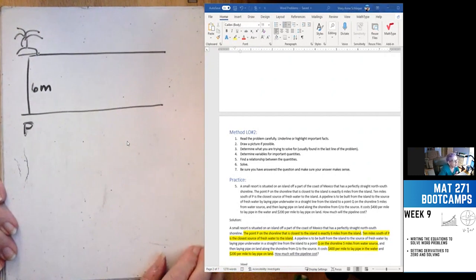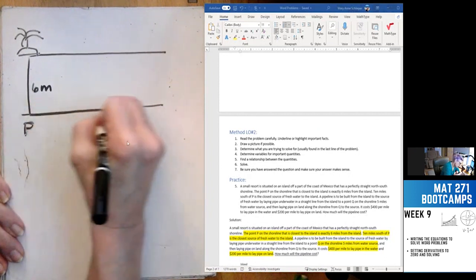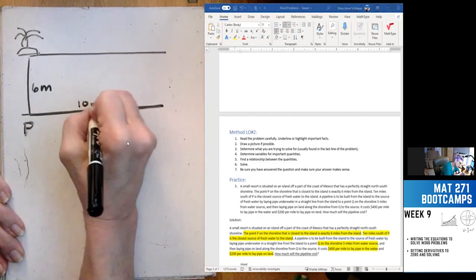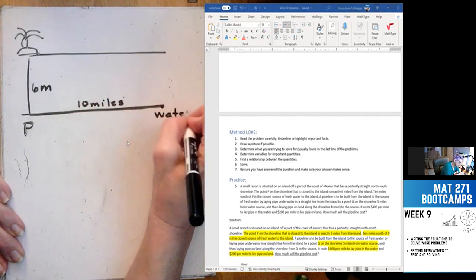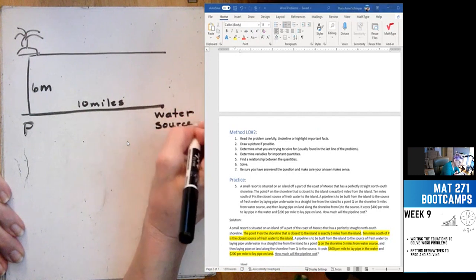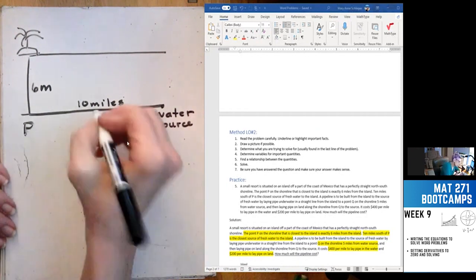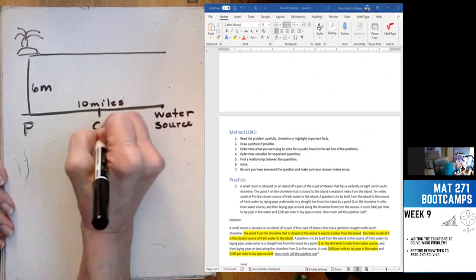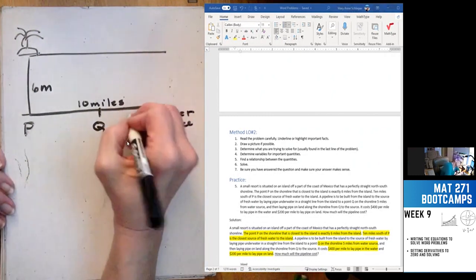And 10 miles south of P is the closest freshwater source. So 10 miles. Here's the water source. I don't have a good picture for a water source. A pipeline is going to be built from the island to the water source by laying pipe underwater in a straight line from an island to a point Q on the shoreline that is 5 miles from the water source.